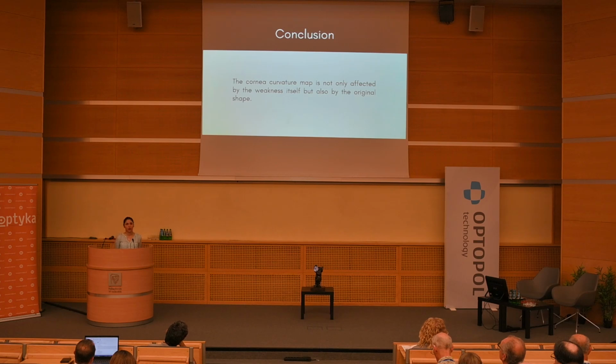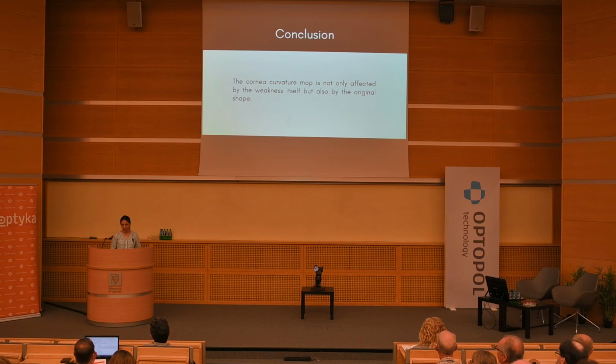So as a conclusion, it's a bit obvious that the corneal topography is affected by the weak spot, but it also depends on the initial shape of the corneal topography before the disease.